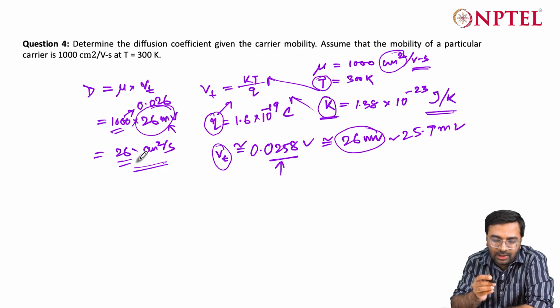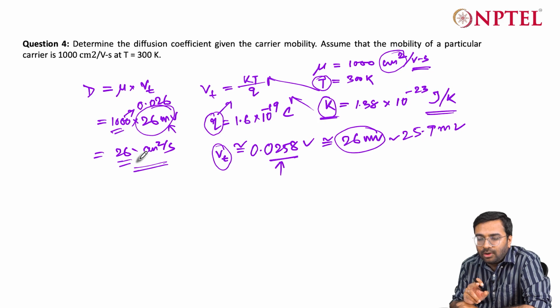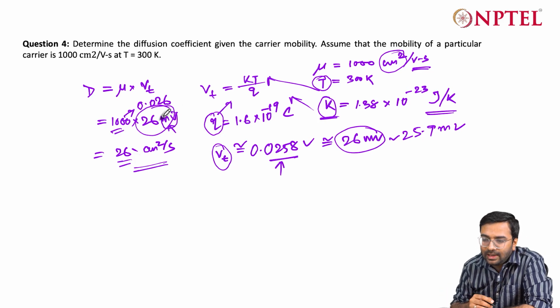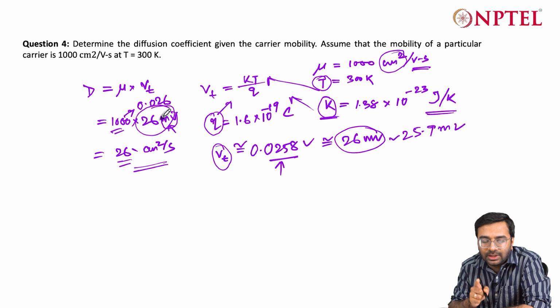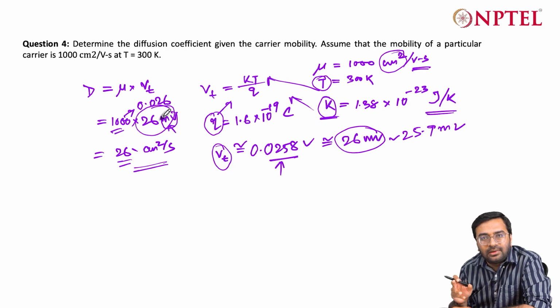That is why I have written 26 centimeter square per second. One thing one should be very careful about is the units, and if the units are not correctly placed, you will definitely get a wrong value. So please check the units properly while you are doing the calculation.